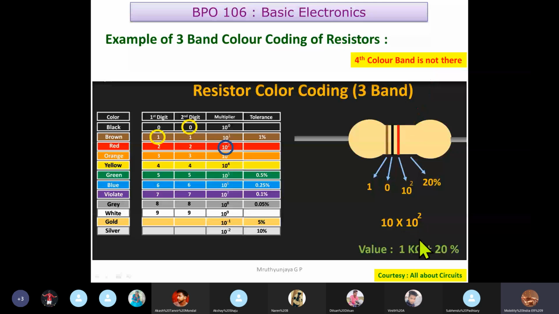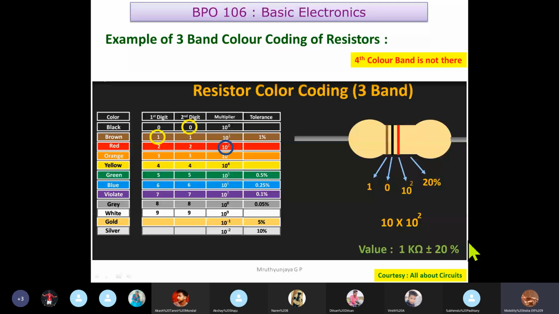So this particular resistor having this color coding without the fourth band can have a value anywhere between 1000 ohms plus or minus 200 ohms. That is from 800 ohms to 1200 ohms, or 0.8 kilo ohm to 1.2 kilo ohm in this particular case.